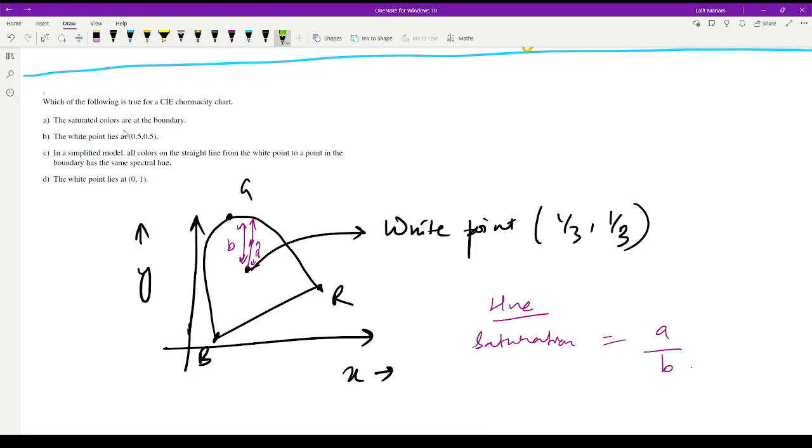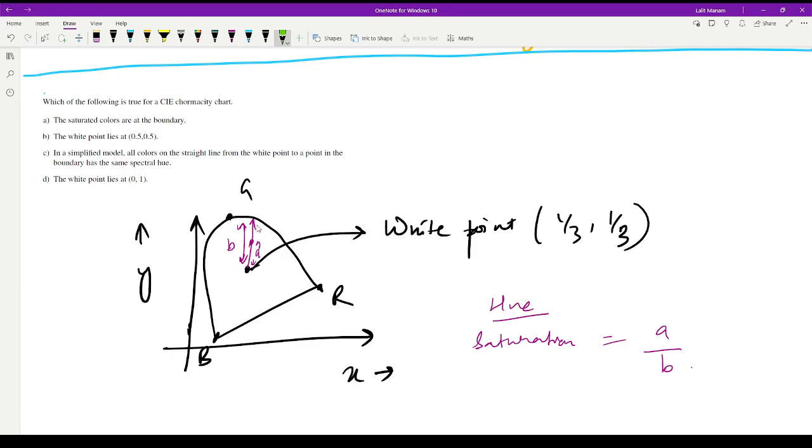The saturated colors are at the boundary, right or wrong? It is at the corners. Not really. If I pick a color, that means if I pick a direction, this color is somewhere between red and green.